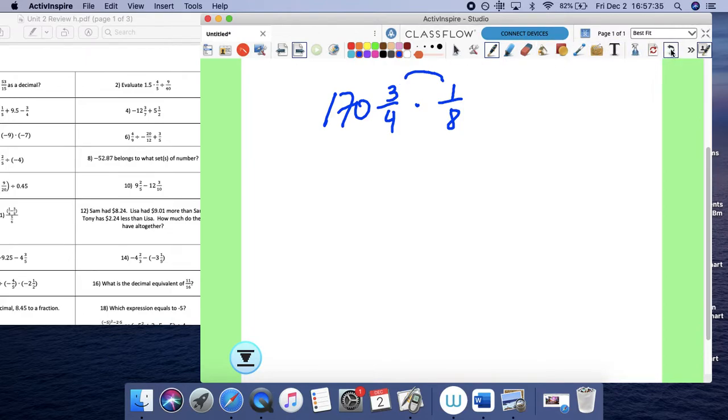You can multiply those two as fractions, or you can do this, and then actually 1/8, I forget what it is, 0.125. So you got two choices. Multiply it as decimals, or multiply it as fractions, or use a calculator.